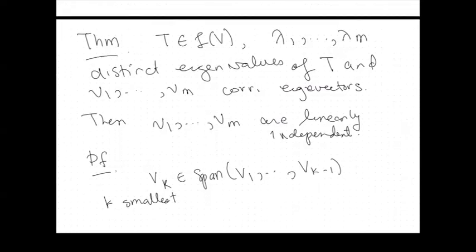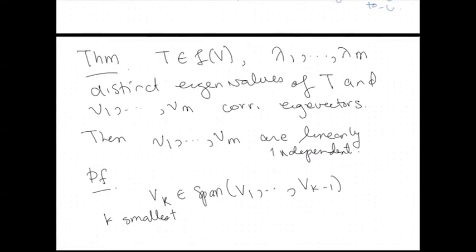Then vk is just a1 v1 up to a(k-1) v(k-1).